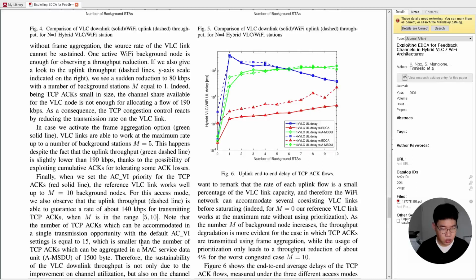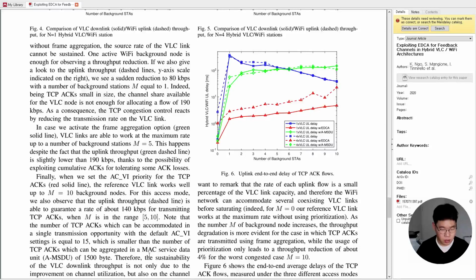Note that the number of TCP ACKs that can be accommodated in a single transmission opportunity with default AC_VI settings is equal to 15, which is smaller than the number of TCP ACKs which can be aggregated in a maximum service data unit, MSDU, of 1500 bytes.